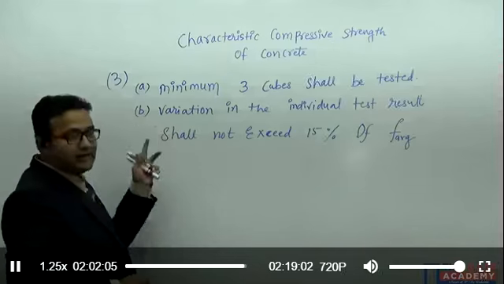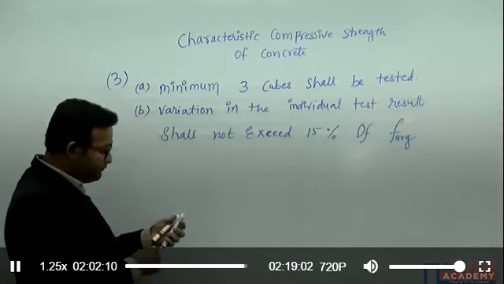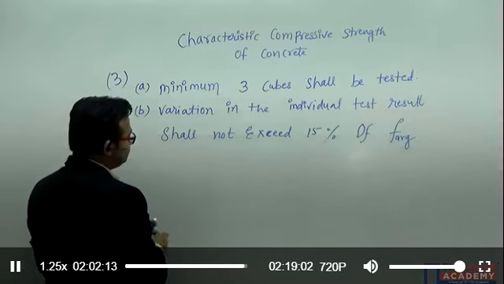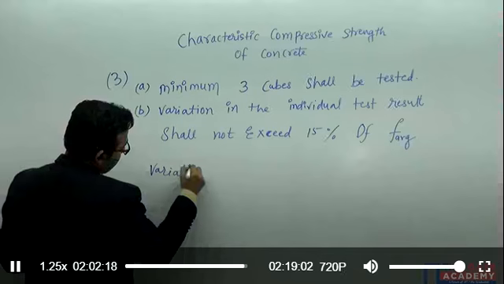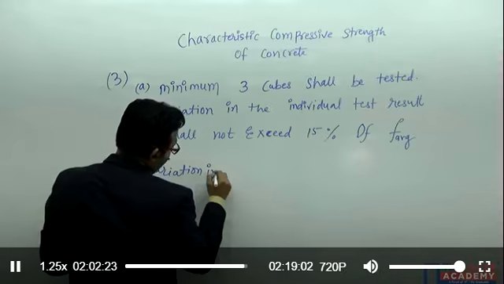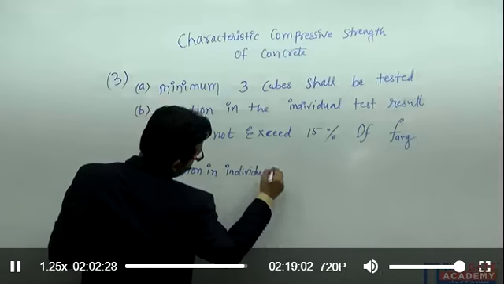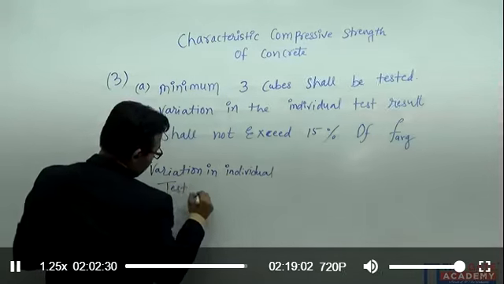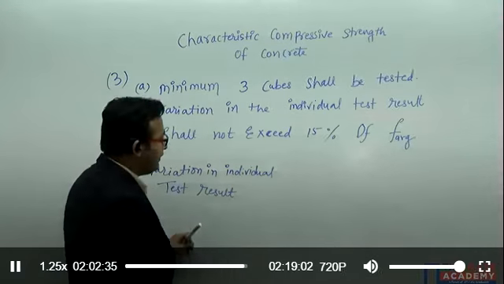And the statement number 2, that is 3.B, as per the acceptance criteria B, the variation in individual test result shall not exceed 15% of f average.